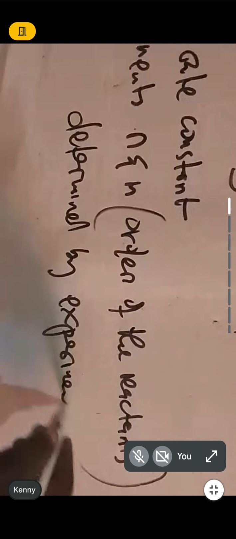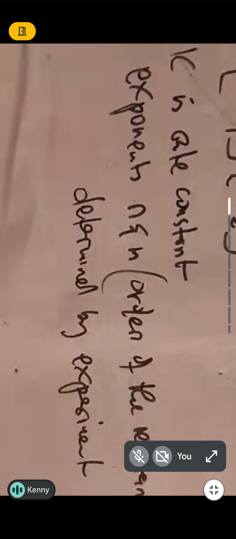So these are not coefficients from the balanced equation.